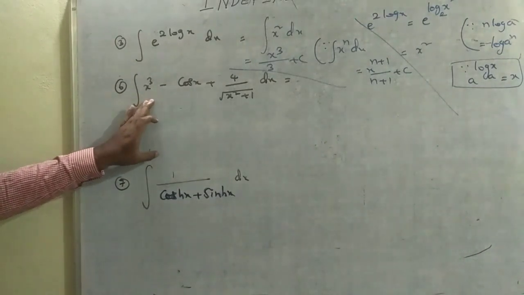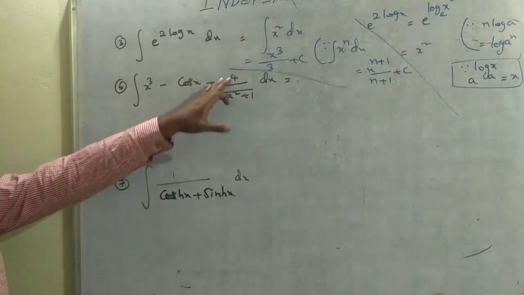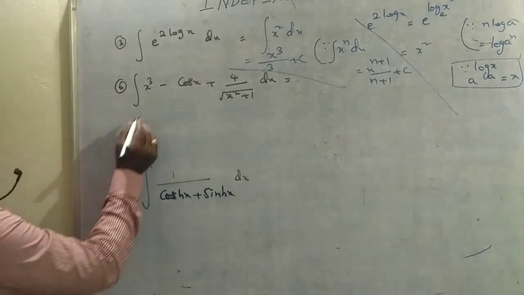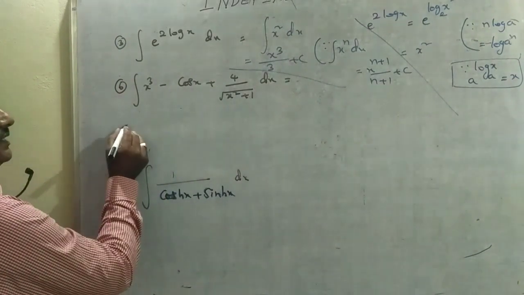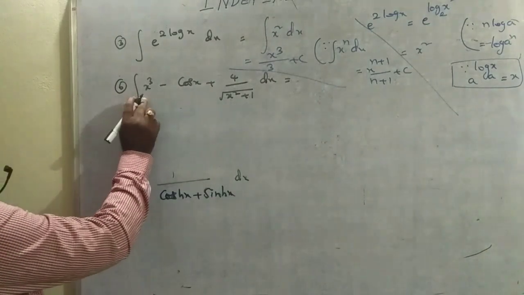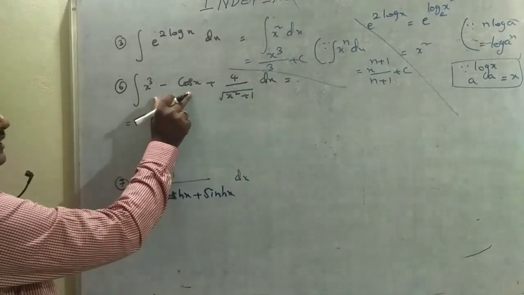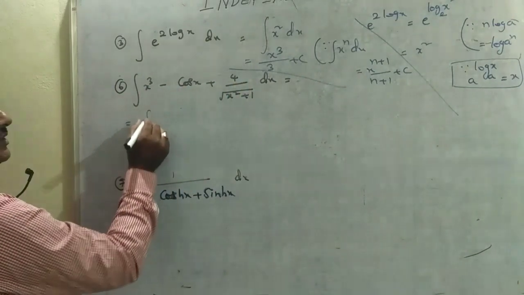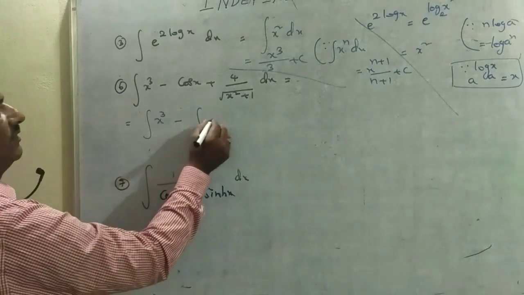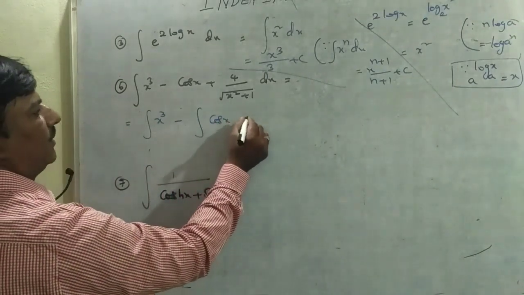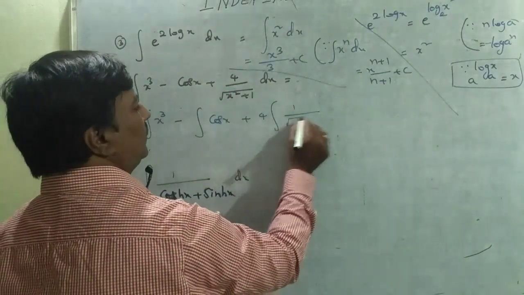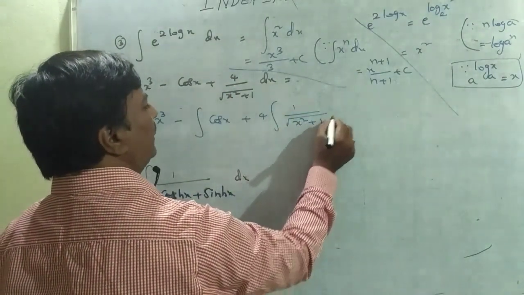Integral of x cube minus cos x plus 4 divided by root of x square plus 1 dx. See this question: integration of f plus g or f minus g, we can write as separate integrations. The integral of x to the power of 3, minus the integral of cos x, plus the constant 4 outside the integral of 1 by root of x square plus 1 dx.